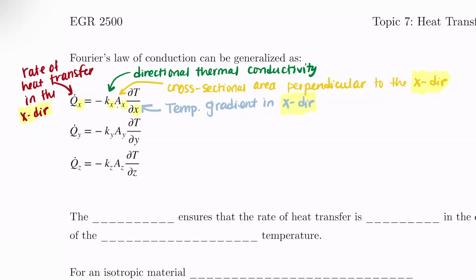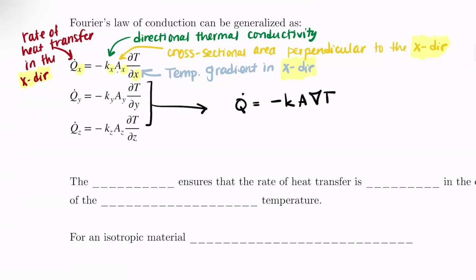And it also turns out that we can write this in vector form. So all three of these equations are the same as writing that q dot is equal to minus k A gradient of T. Okay. You might notice that there is a negative sign on this, right?